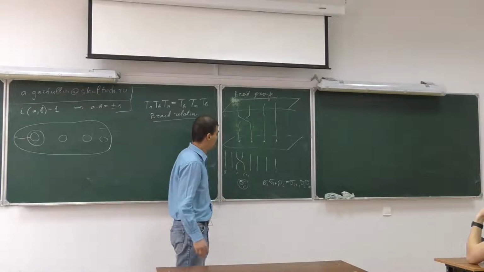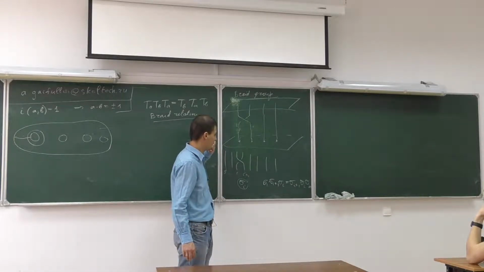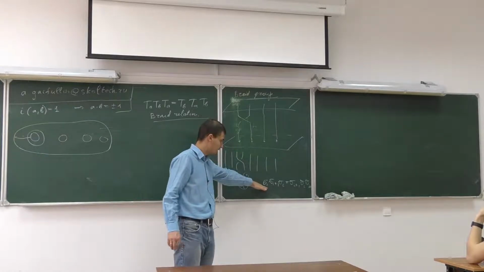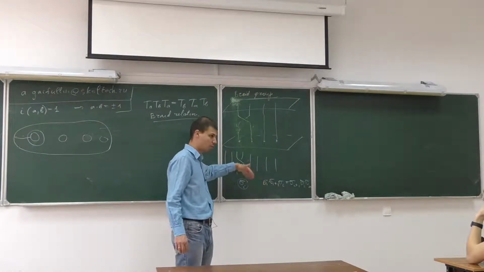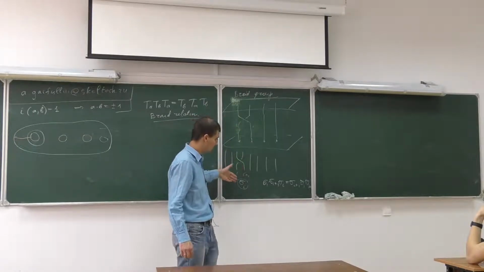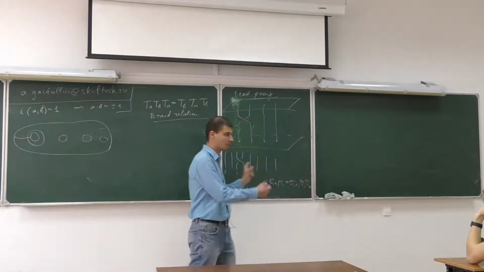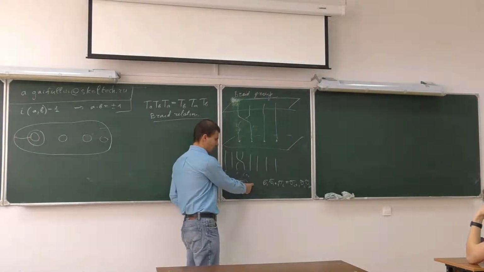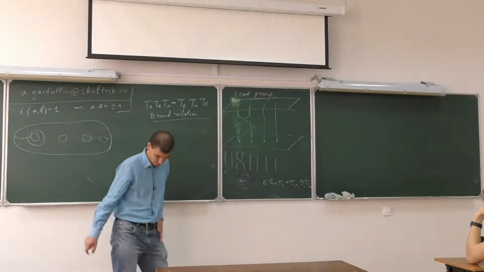Actually, what we need to know about braid groups is that there exist such relations, and also all relations in this group follow from these relations and the commutation of non-neighboring sigma i's.